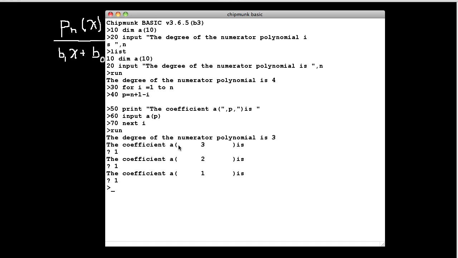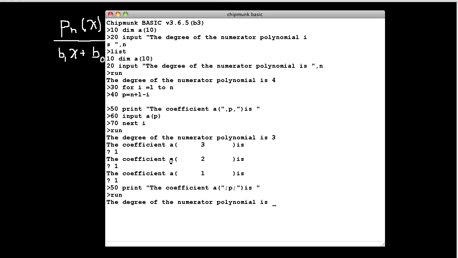The space here is too big, so maybe I don't want to put commas there. Maybe I want to type 50. Print the coefficient A, parentheses, quotation, semicolon, P, semicolon, quotation, parentheses, is, space, parentheses.